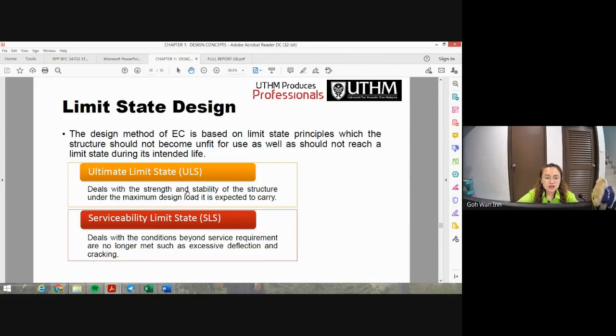So it deals with the strength and stability of the structure under the maximum design load that it is expected to carry. If the concrete goes over the ultimate limit state, it means it has failed. You may run from that building, you cannot stay anymore. So this is SLS, this is ULS. SLS is the yield point, and ultimate is at the ultimate loading point, which is the maximum design load.